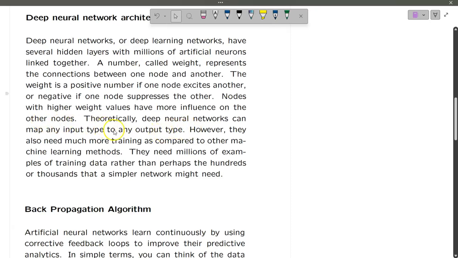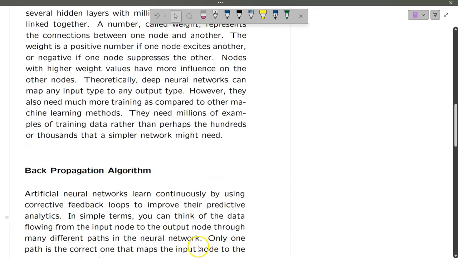Theoretically, deep neural networks can map any input type to any output type. However, they also need much more training as compared to other machine learning methods. They need millions of examples of training data rather than perhaps the hundreds or thousands a simple network might need.